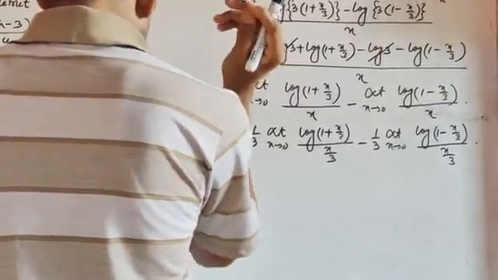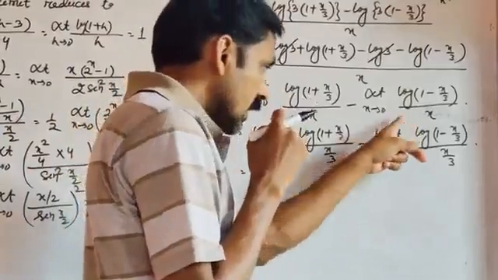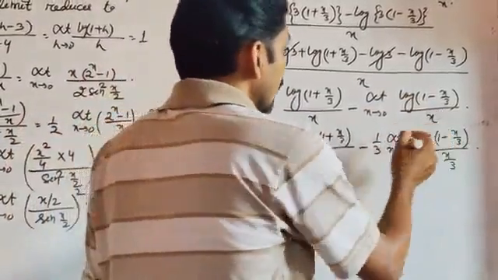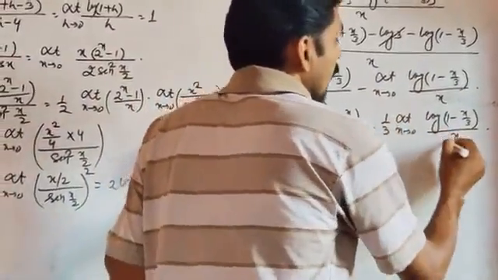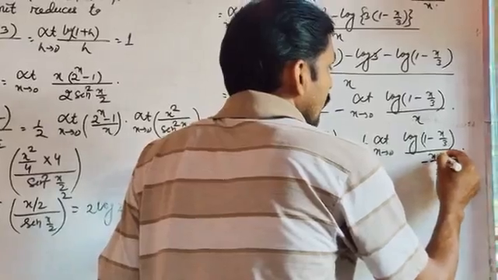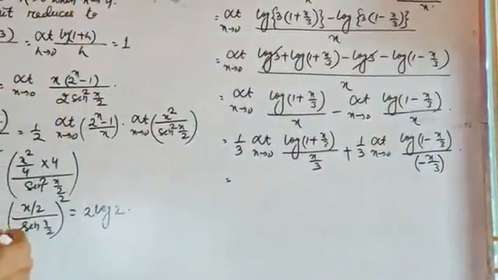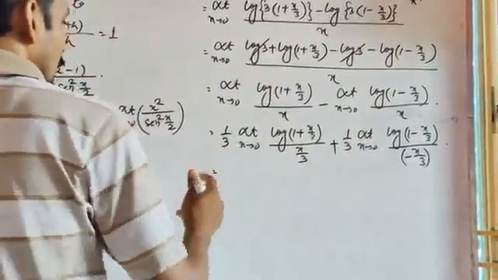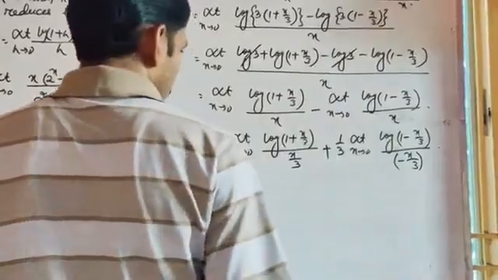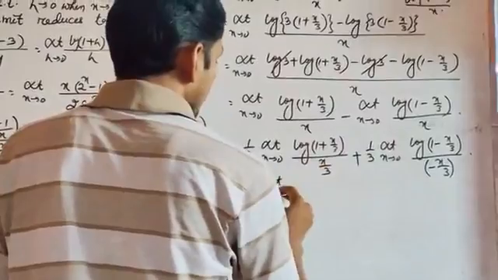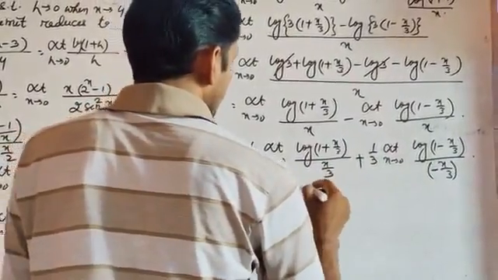Now here this is negative, but here it should be positive. So here make it positive, and give the negative sign here. Here 1 by 3 limit x tends to 0. Now x tends to 0 means x by 3 tends to 0.